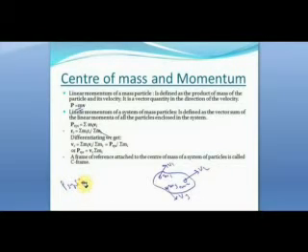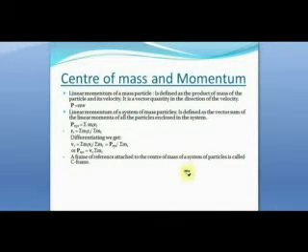So P system, that is the system which has m1, m2 and m3 as its constituent mass particles, would be sigma mi vi, which will be equal to m1 v1 plus m2 v2 plus m3 v3.